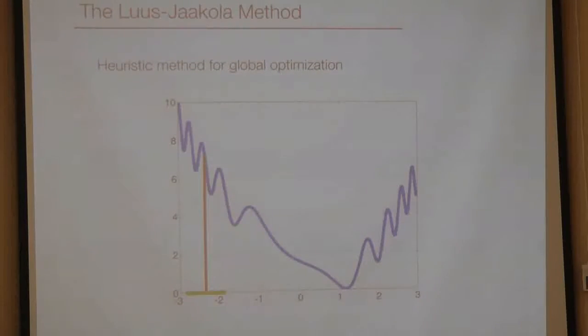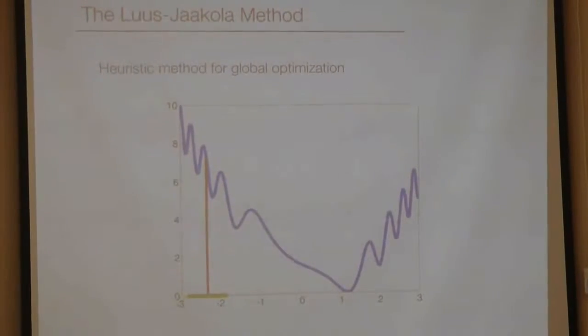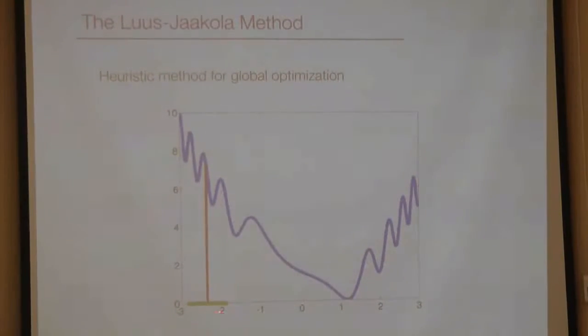So we pick the initial point, and we also pick some interval around this initial choice. Then the method generates random samples inside of this green interval. So we have the middle point and we have the interval. Inside of that green interval, we randomly pick a new test point.